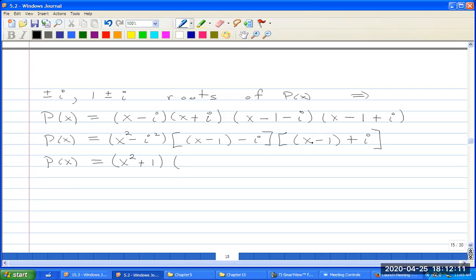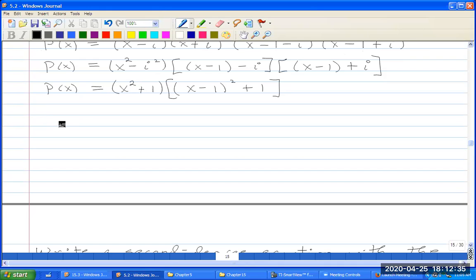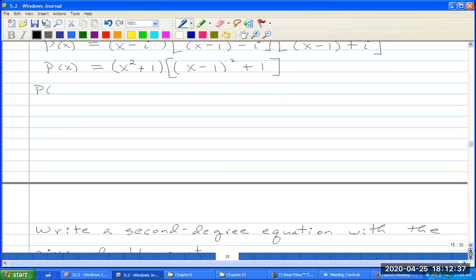Let's multiply this out. So again, this is a difference of squares. So it's x minus 1 squared minus i squared, which is plus 1. Multiply this out. So this polynomial is equal to x squared plus 1.